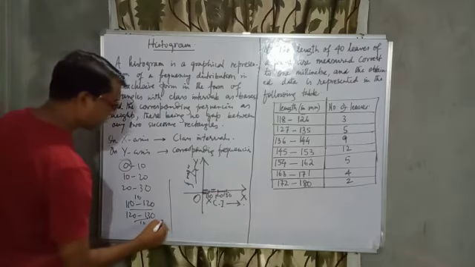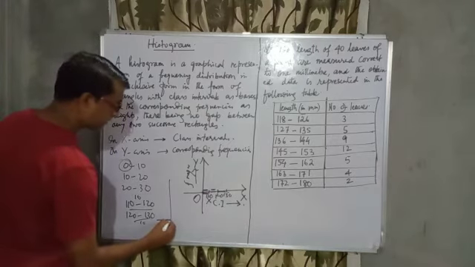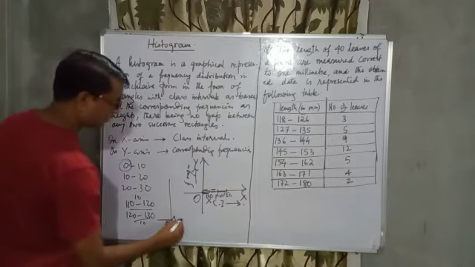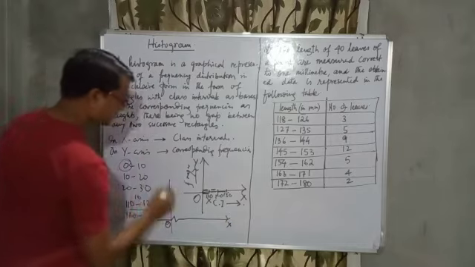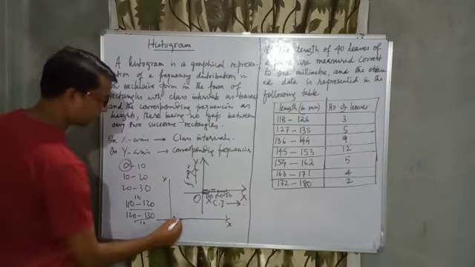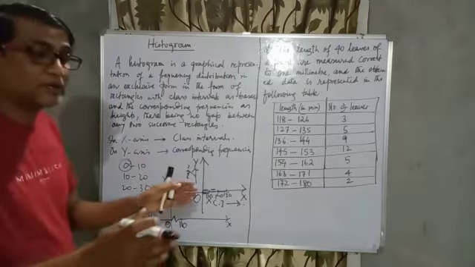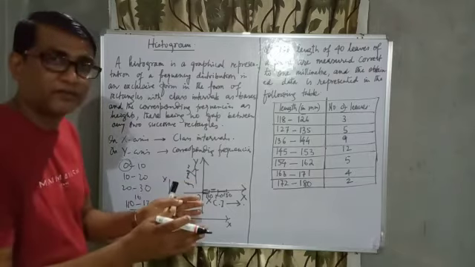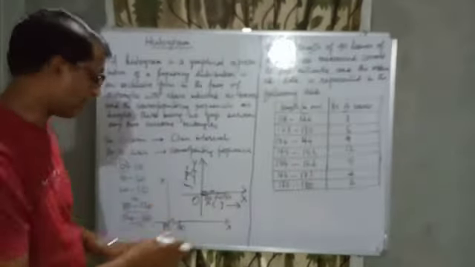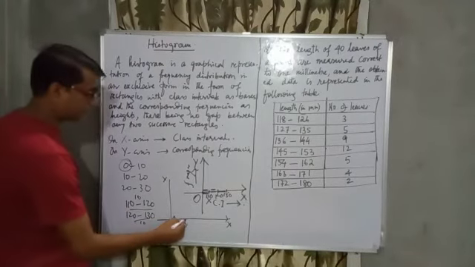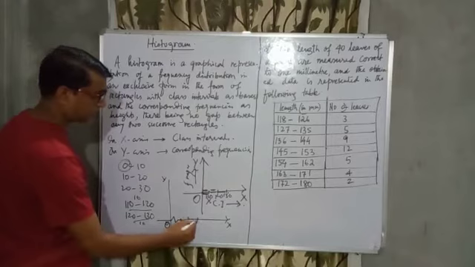So we draw a zigzag line near the origin. This zigzag line means a big gap that is compressed, and then 110 is nearby the origin, then 120, then 130.